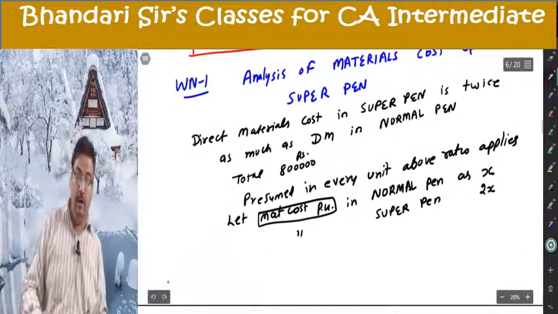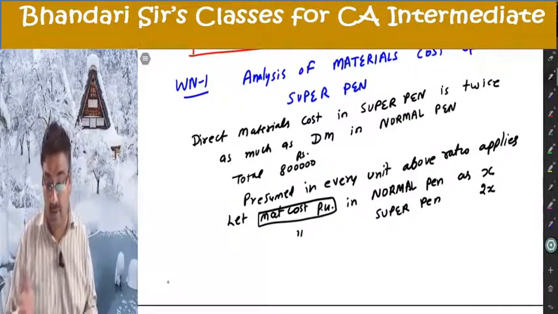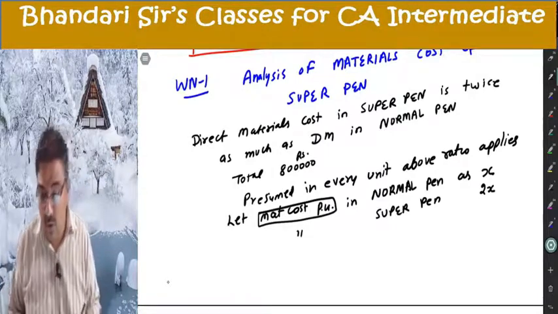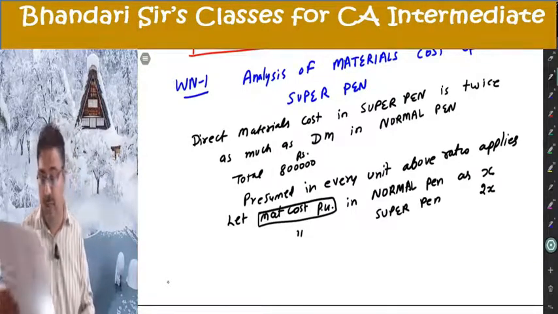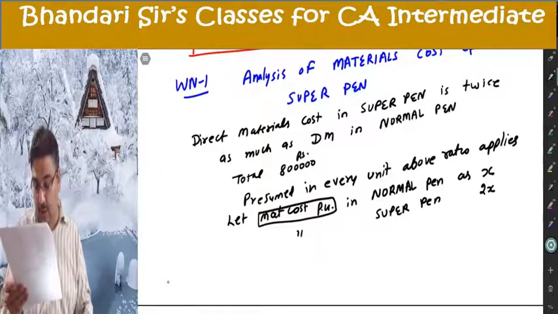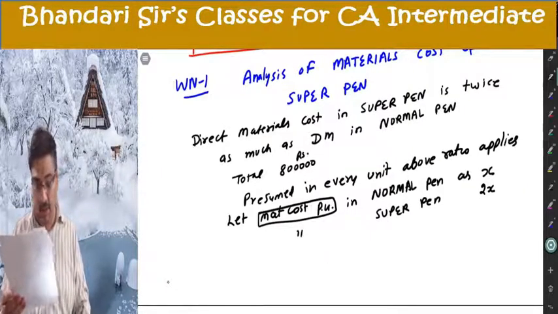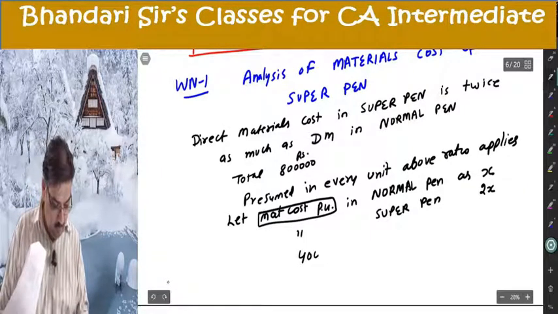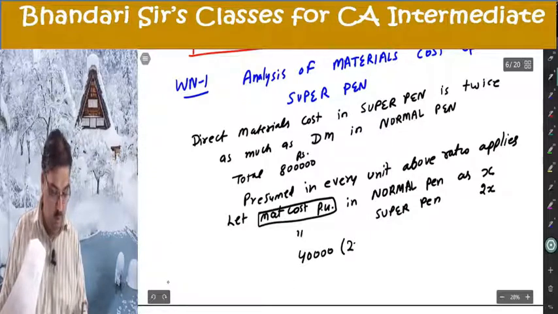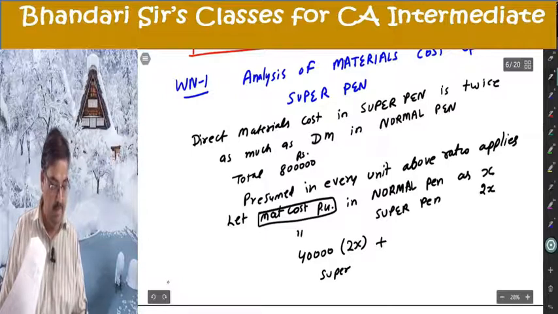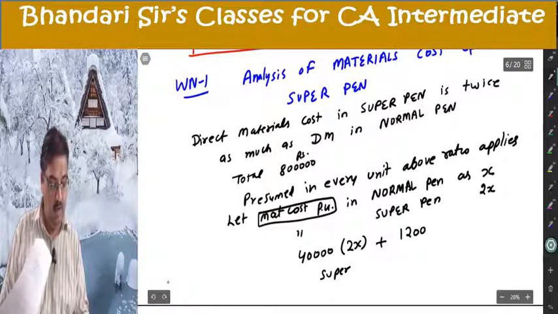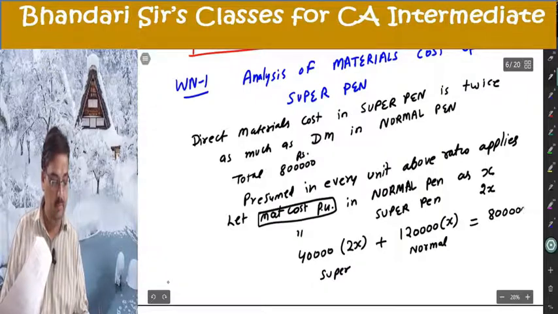Now how will I get total cost 8 lakh? Multiply with units produced and add. Units produced are given 40,000 for super pen, 40,000 into 2x plus 1,20,000 into x for normal pen should be equal to 8 lakh.